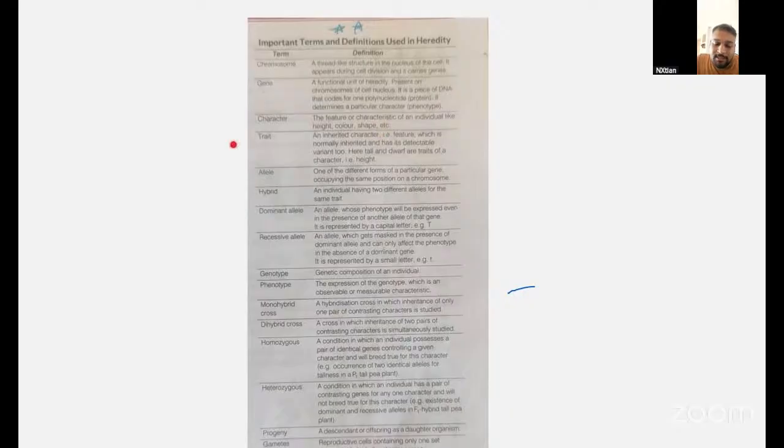Now, what is a trait? Character is basically the height, and trait is the height which goes to the offspring. For example, my maternal grandfather's side have good height, and my mom doesn't have good height because she's a woman. So there's a height factor from my grandfather's house and from my mother's house.